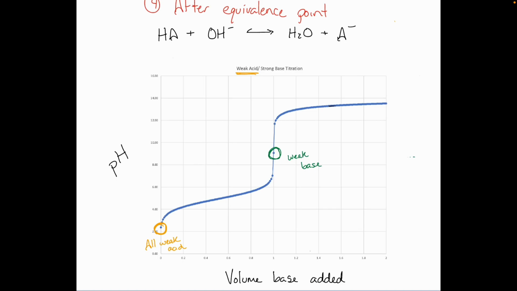First is just for a weak acid, and then for a weak base. And this middle region here is a mixture of weak acid and weak base, which we again called a buffer. All right, and that very much so dictates our approach for how we calculate pH in these different regions. Okay?